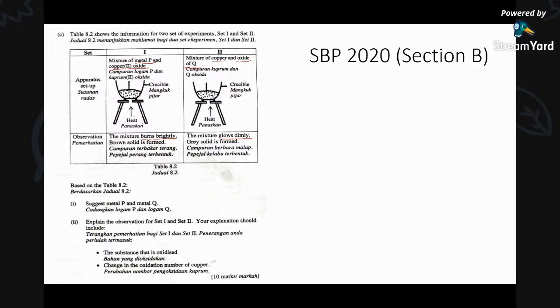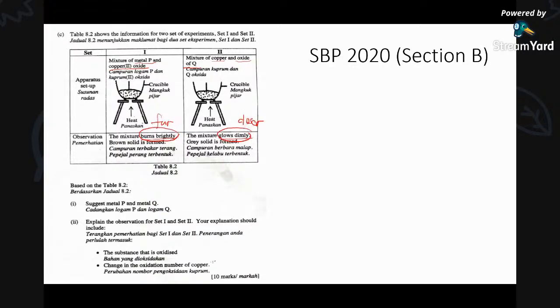So burns brightly means you have 2 metals over here. So if you refer to reactivity series, you have metal P and copper oxide. If burns brightly, in the reactivity series they are far away from each other. Glows dimly means in the reactivity series they are quite closer to each other.